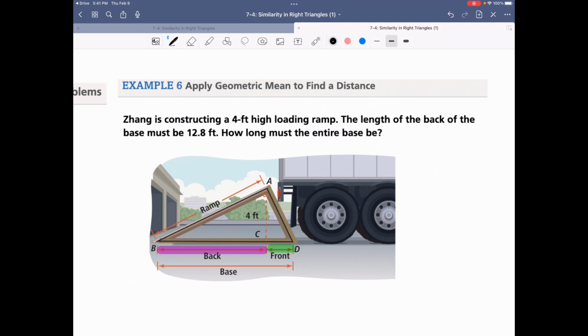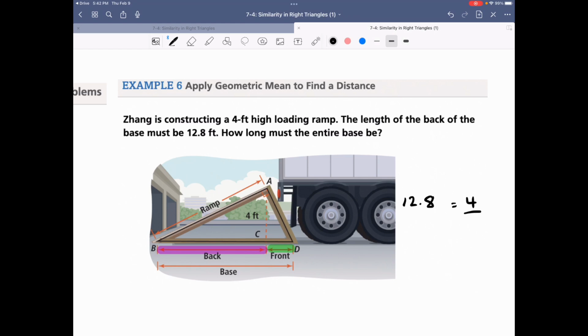If the back is 12.8 feet, that corresponds to the long leg of the small triangle, which is 4. And then the short part is the front. Wait, I think I did this incorrectly. The back is 12.8.